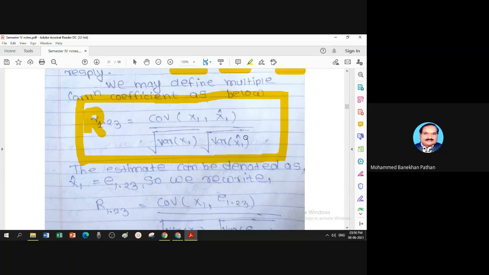This is the definition. By using this definition, we try to derive an expression for capital R1.23.